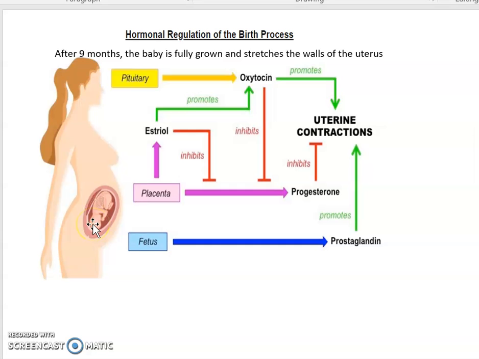And under that stress, it's going to produce chemicals called prostaglandins, and those prostaglandins are going to circulate to the wall of the uterus, the muscle wall, which also is going to encourage and promote contractions. So we've got the action of oxytocin directly, the removal of inhibition of muscular contraction by progesterone, the added effect of estrogen promoting the role of oxytocin, as well as the role of the prostaglandins here.